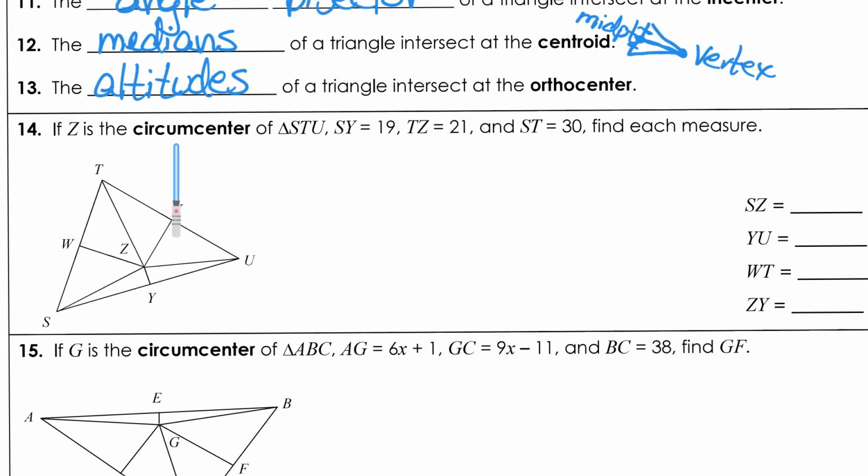If Z is the circumcenter of triangle STU, and we have SY, TZ, and ST with all these values, we're going to find each measure. So remember, circumcenter is perpendicular bisector and isosceles triangles. Each of these is a perpendicular bisector here.